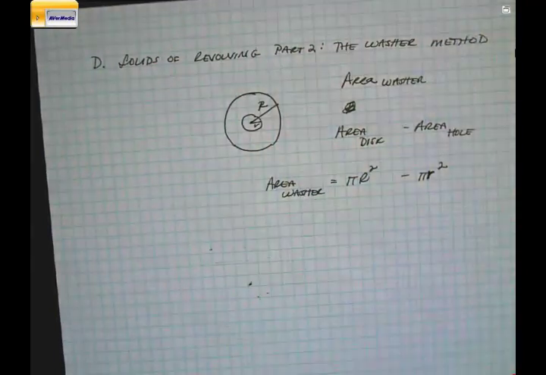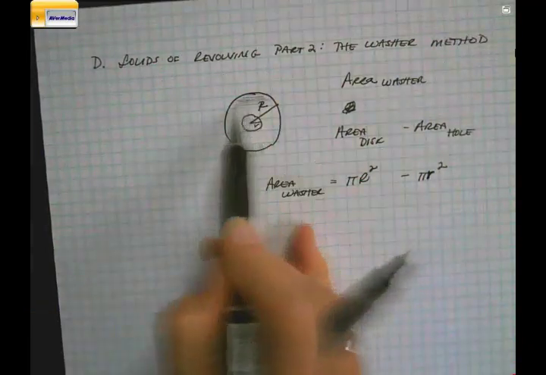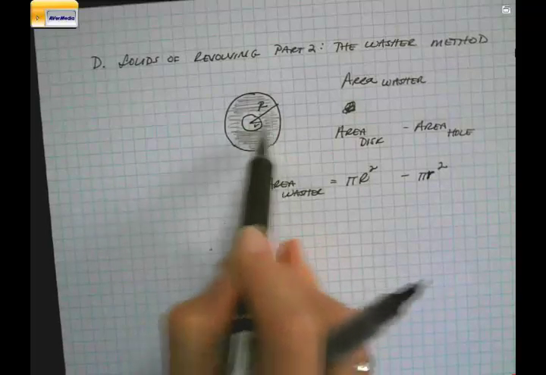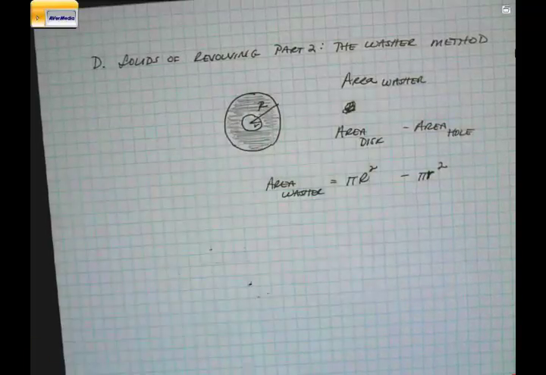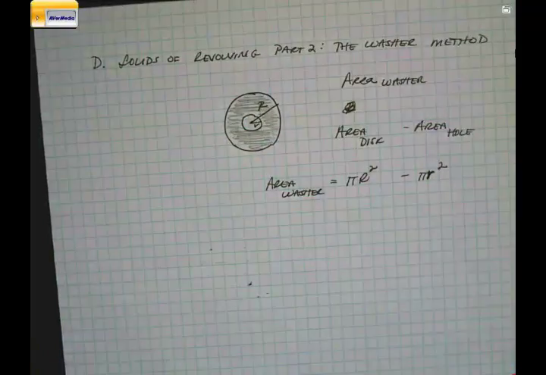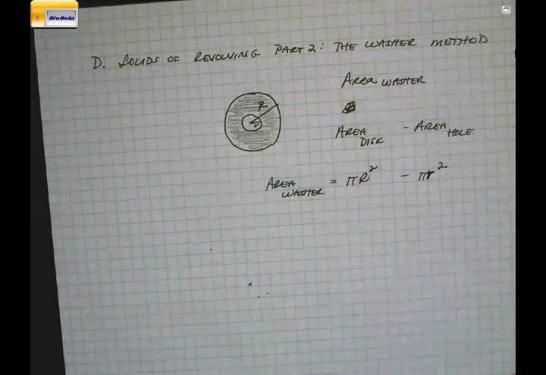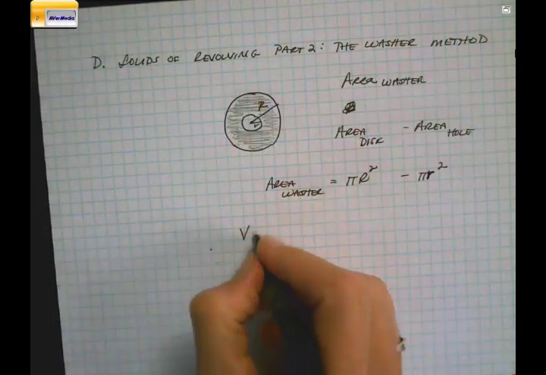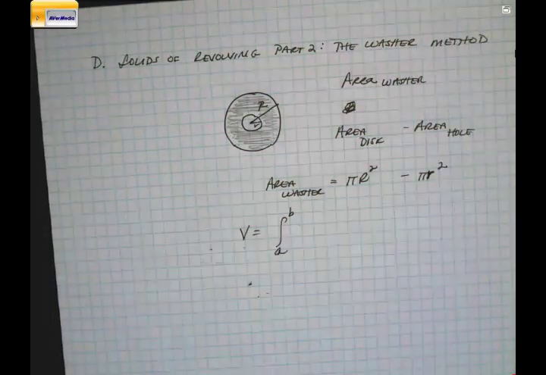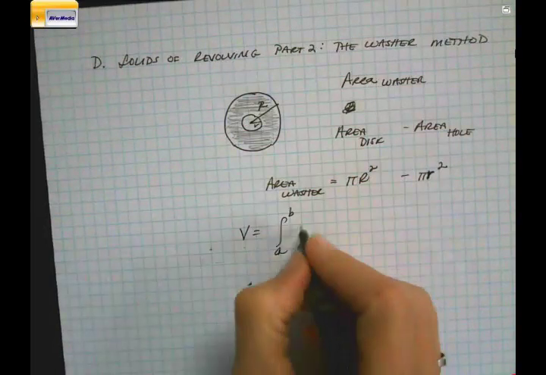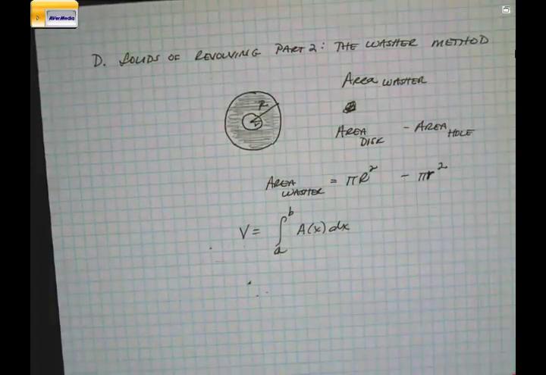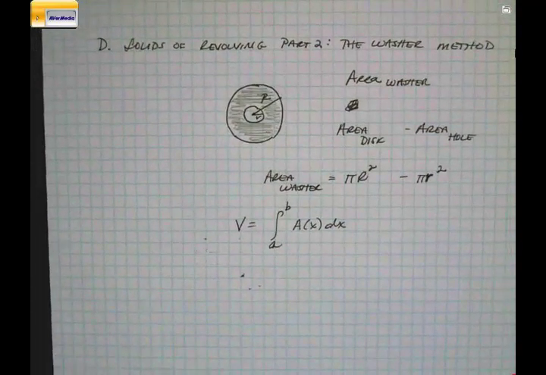To find the area of the washer, which is like the donut, this region here, this is the washer. Big minus little, or outside minus inside, is how they refer to it in this textbook: the area of the outside minus the area of the inside. When you convert this to volume, you're integrating from a to b your area times your width, which is like dx, approaching 0, of each one of these washers.